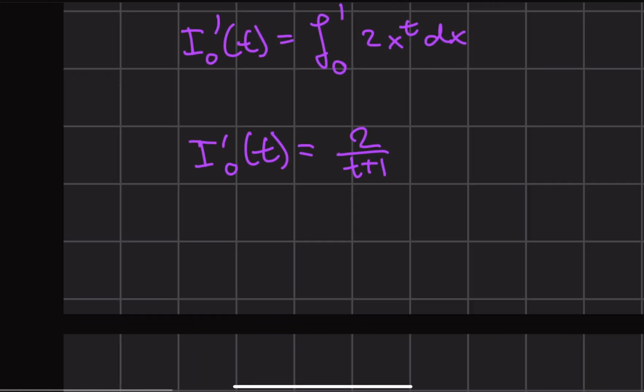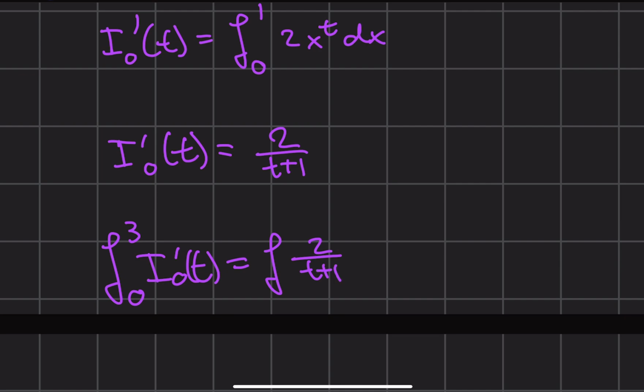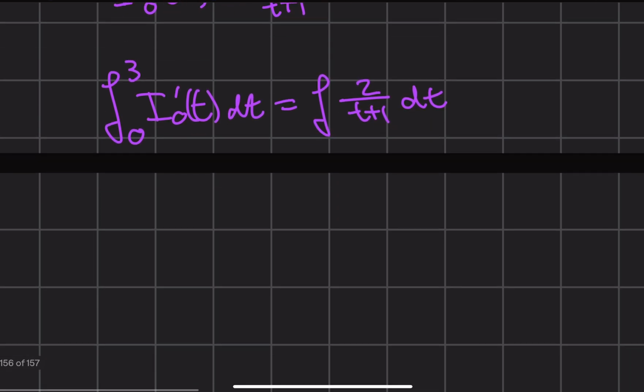So that gives us a good indication that our lower limit should be 0 and our upper should be 3. So the integral from 0 to 3 of I naught prime of t dt equals the integral of 2 over t plus 1 dt.